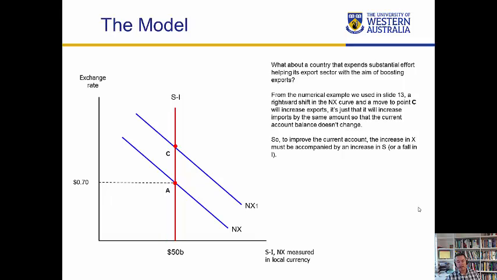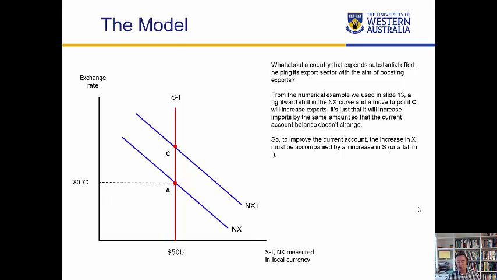So if the S minus I curve moves to the right, for example, show that the exchange rate depreciates, but you need to be able to explain why the exchange rate goes down. And if the exchange rate goes down, then exports go up. You need to explain why exports go up. And you need to be able to relate the movement from one equilibrium to another to the balance of payments and explain how this model links to the balance of payments.